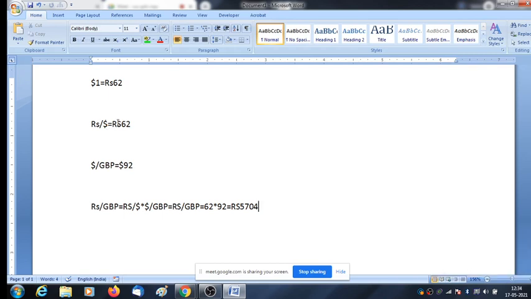Means dollar per rupee, and it is a direct quotation, no doubt. Then in the foreign market, we have the quotation dollar in terms of pound. So 1 GBP means dollar 92. So dollar 92 per GBP is the direct quotation available in the foreign market. Up to this, is it clear?